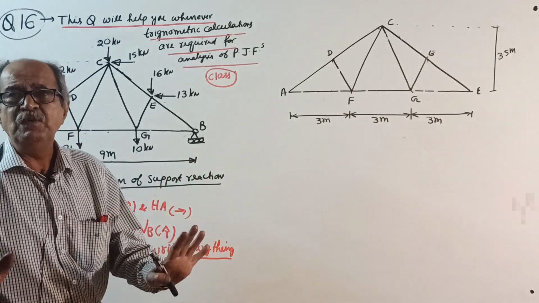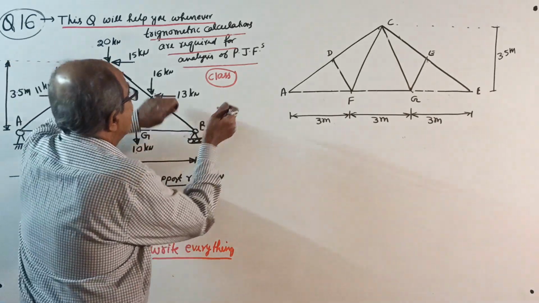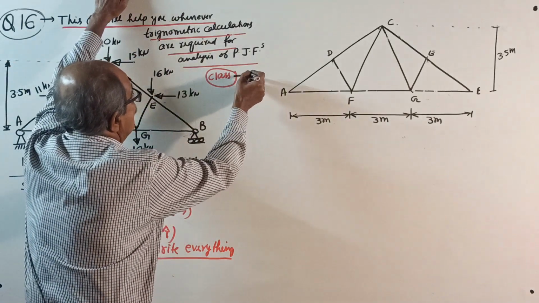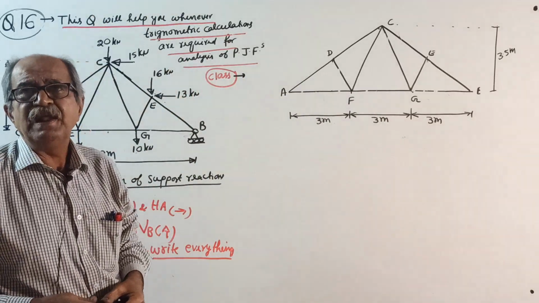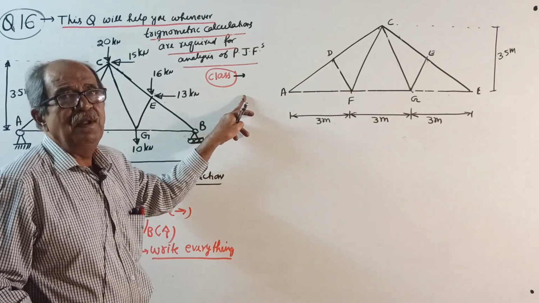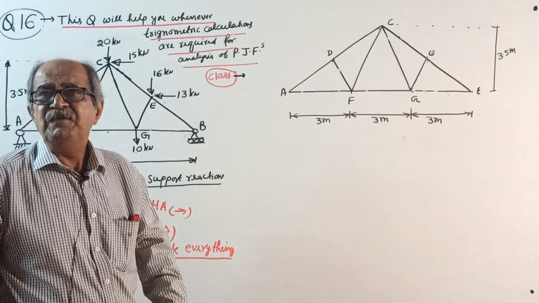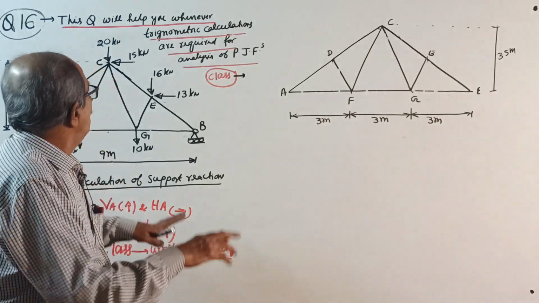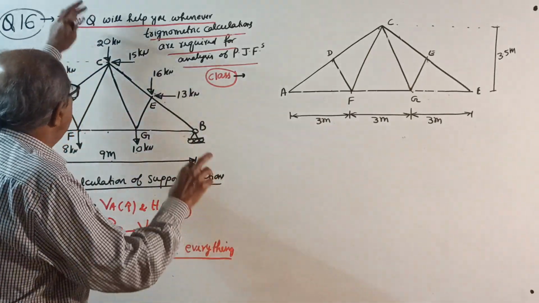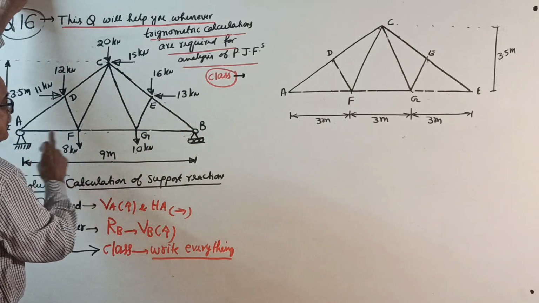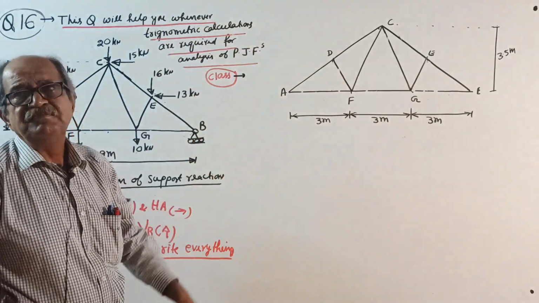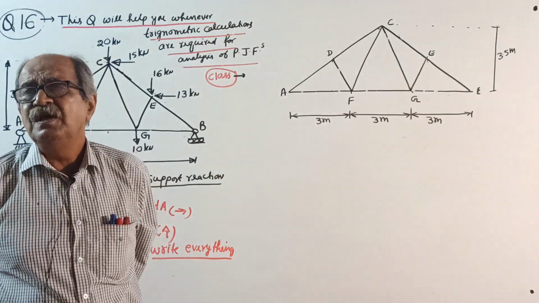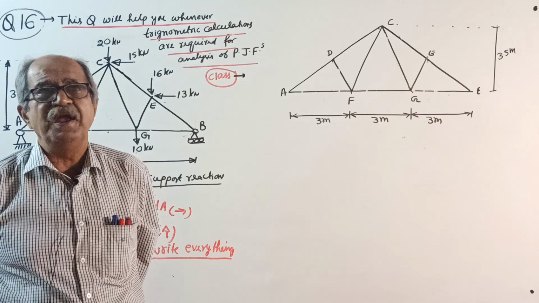Now, I will explain in the class all the trigonometric part and what problem people face. Little later, you will get the reactions here and angles for all inclined members. Then it is ready for analysis by method of joints.